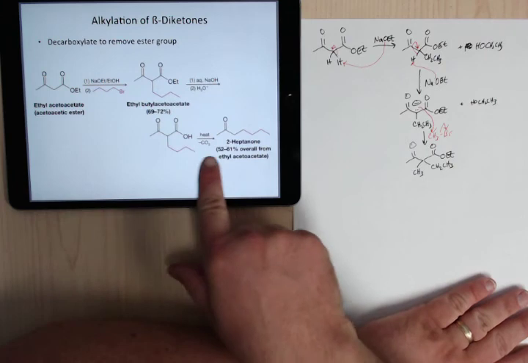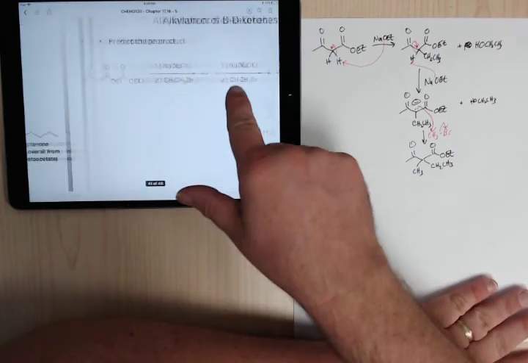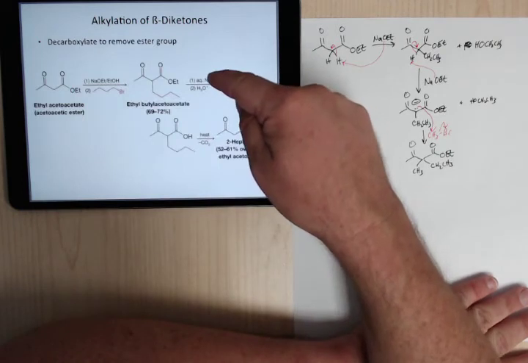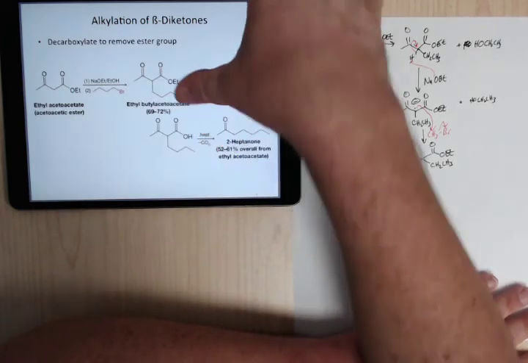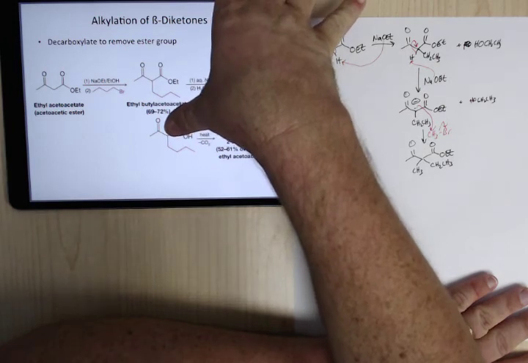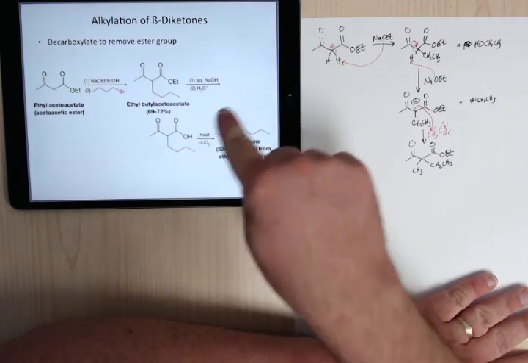So again, if we go through this process where we add the carbon group and then we do heat, base, acid, and then heat, you end up getting rid of the ester group there. So you would end up with this.